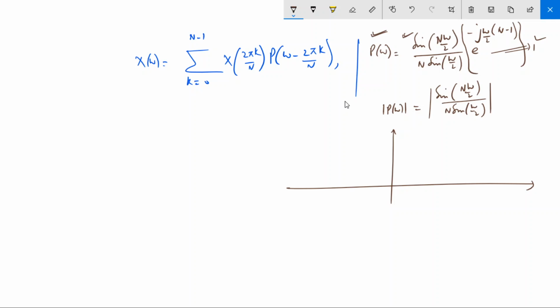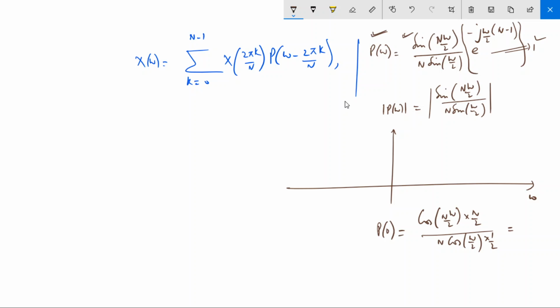Now when you plot this interpolation function, for omega equal to 0, what will be the magnitude? It will be of the sine 0 by 0 form, so we have to use L'Hospital's rule here. In order to find P at 0, you take the derivative: cos of n omega by 2 into n by 2, divided by n cos of omega by 2 into 1 by 2.